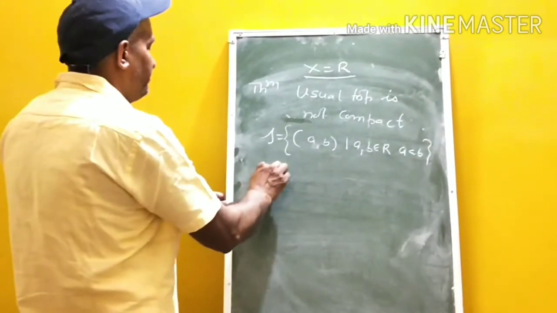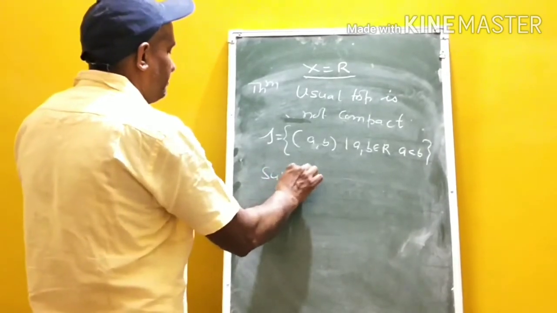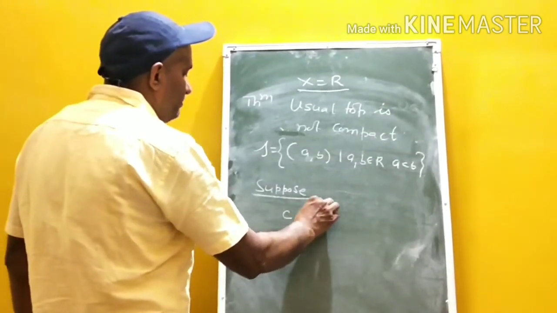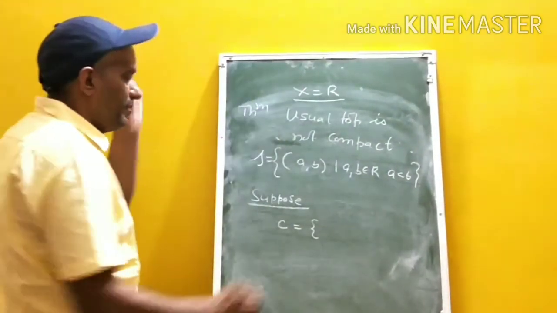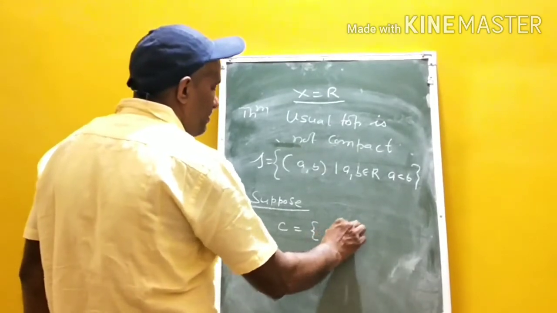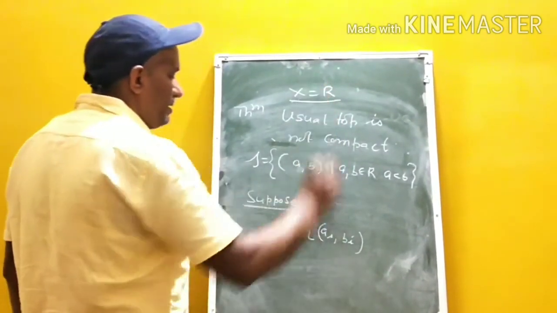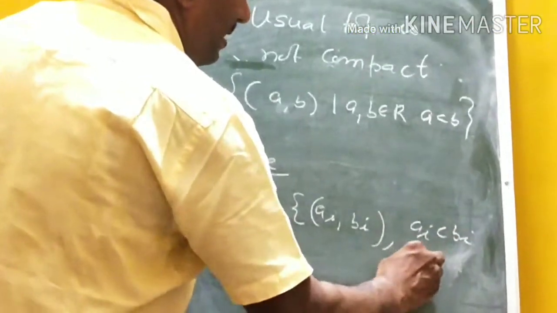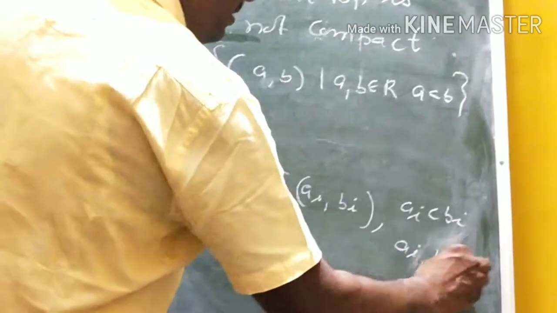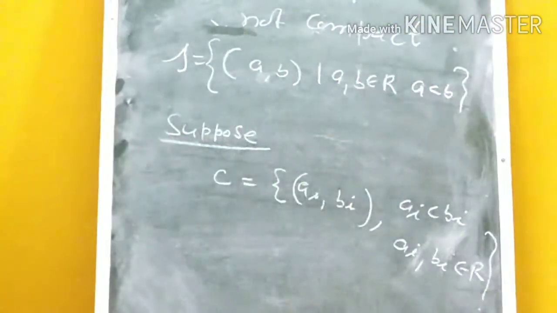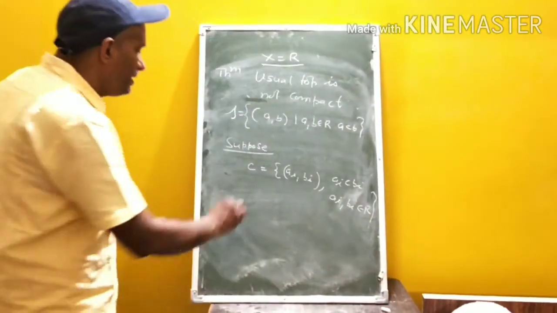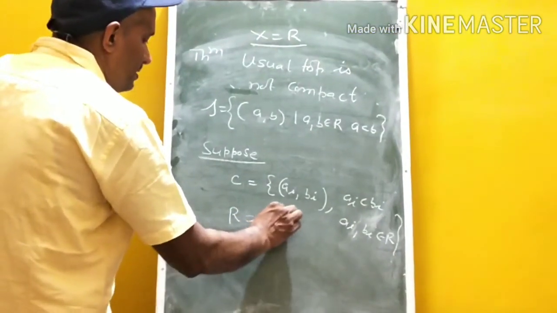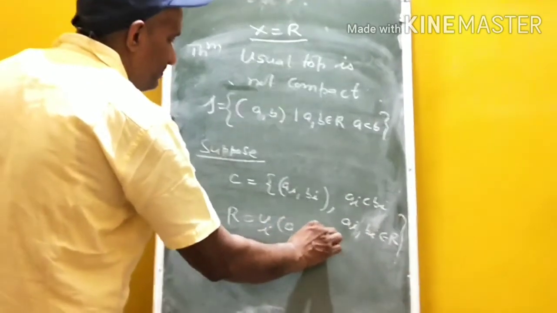Suppose C is a cover of R, consisting of intervals (a_i, b_i), with a_i less than b_i, and a_i and b_i belonging to R. That is, R can be written as the union over i of (a_i, b_i).